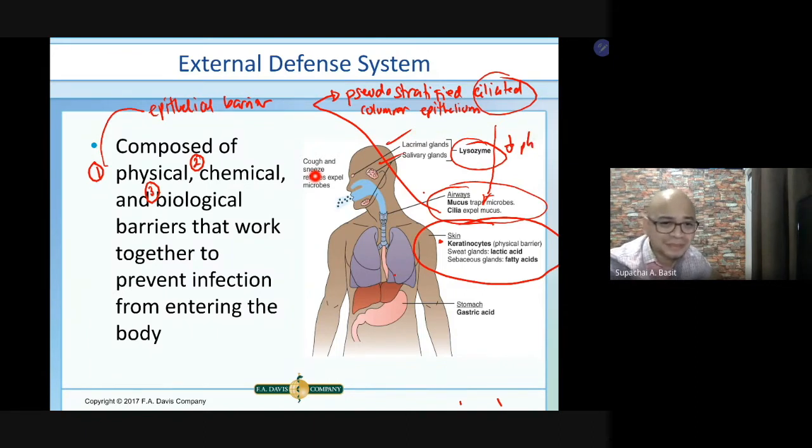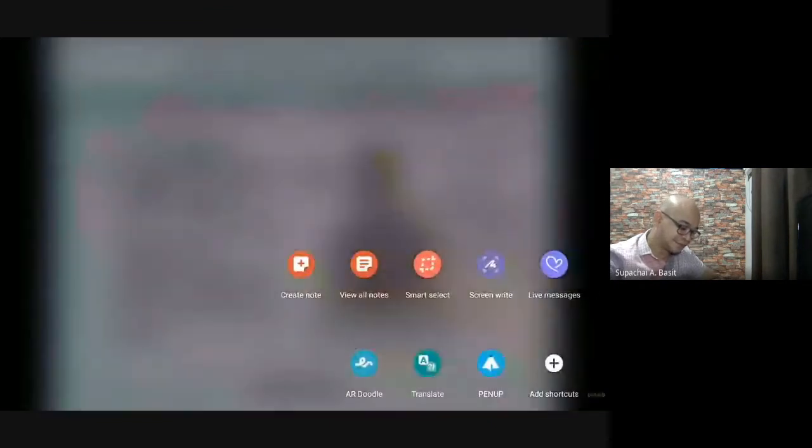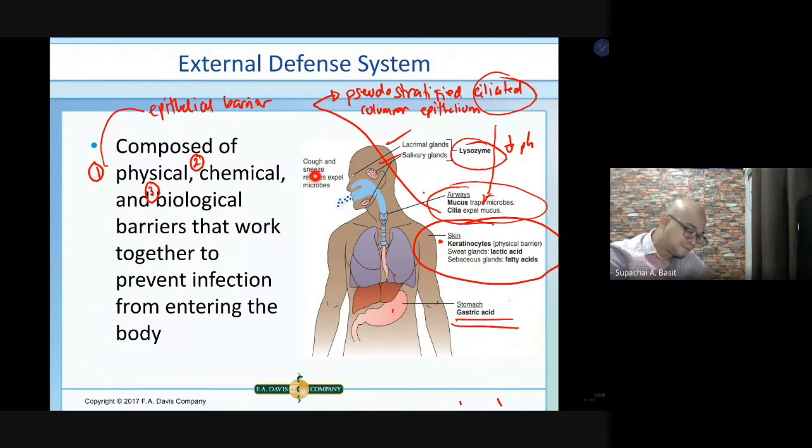Not to mention that when the organisms are able to reach the stomach, it has gastric acid, which is very low in pH. In fact, from the last discussion, we did mention that the acidity of the gastric juice can reach as low as 1. Can you just imagine how corrosive it is in the stomach?